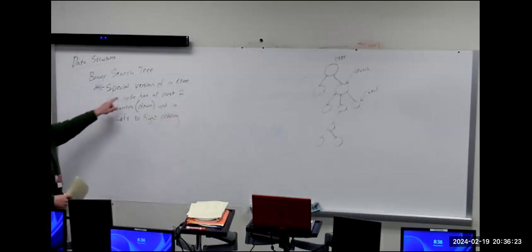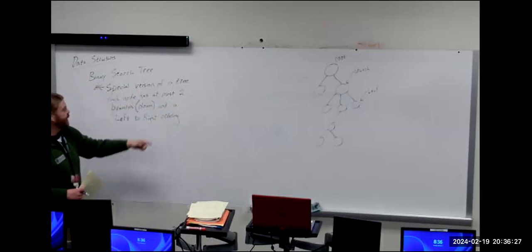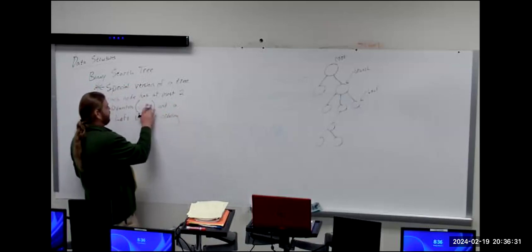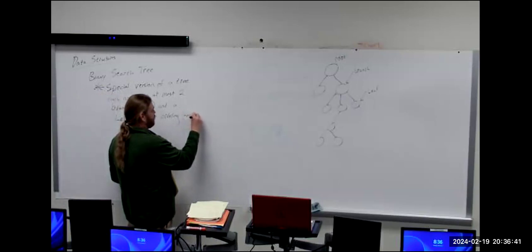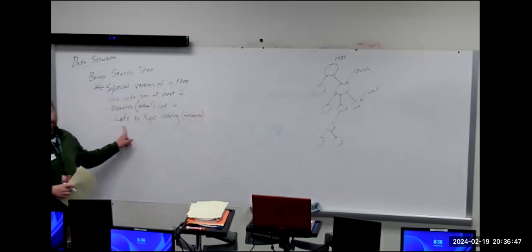So it's a tree, binary, only 2 branches, and left to right ordering for horizontal. Maybe I should put vertical and horizontal there. Instead of down, I'll put vertical, because we can go back up a tree. And horizontal gives us left to right ordering.